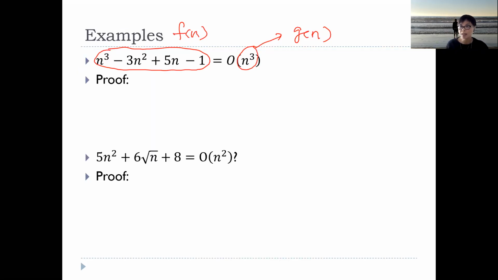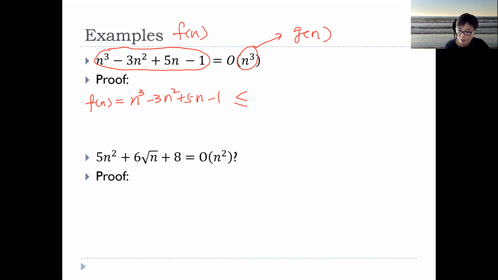So for this particular case, what do we do? We have f of n equal to n cubed minus 3n squared plus 5n minus 1. I just want to show that it's bounded from above by something times n cubed, and to do that, I want to convert all the lower order terms to n cubed.